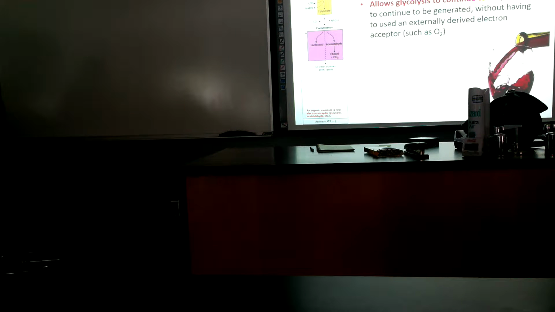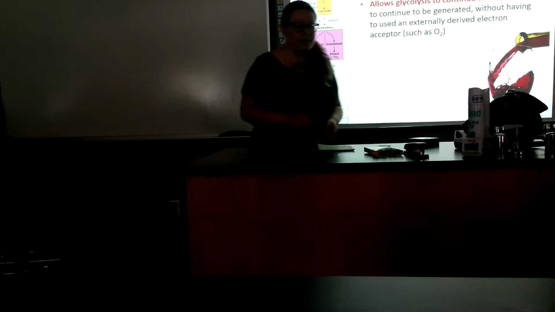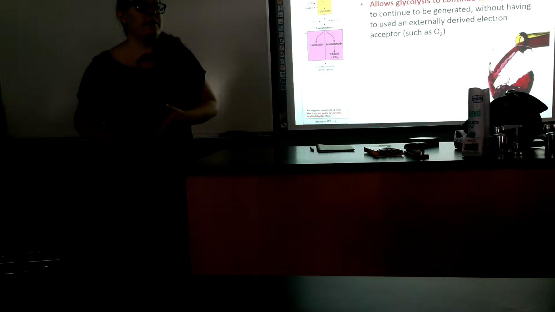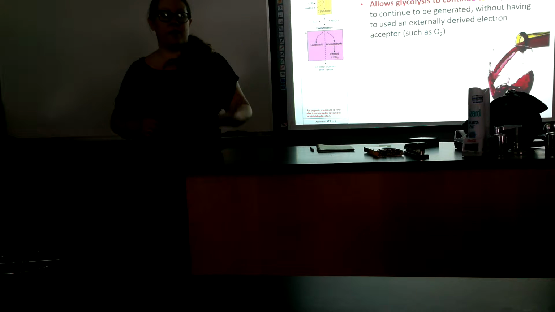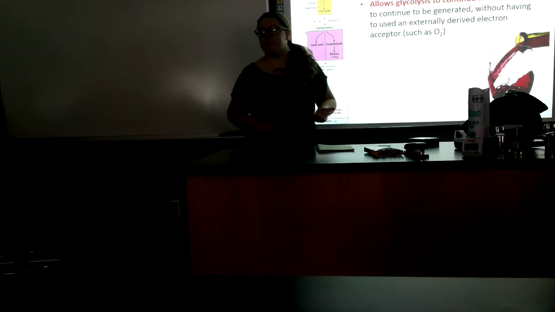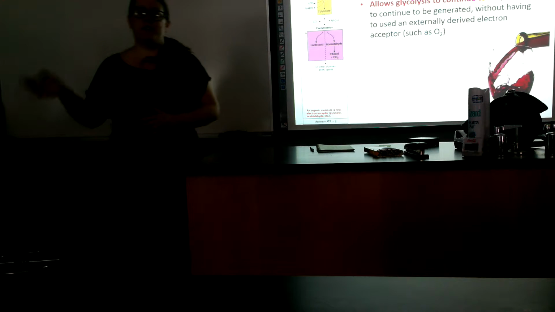Fermentation is a pathway that an organism may be able to take if it normally likes to live in the presence of oxygen and is able to use the electron transport chain, but then we cut them off from oxygen. So they can no longer use the electron transport chain because they're not able to use anaerobic compounds in order to continue that on.